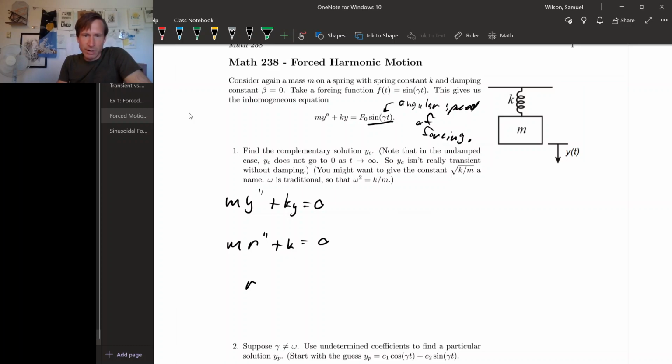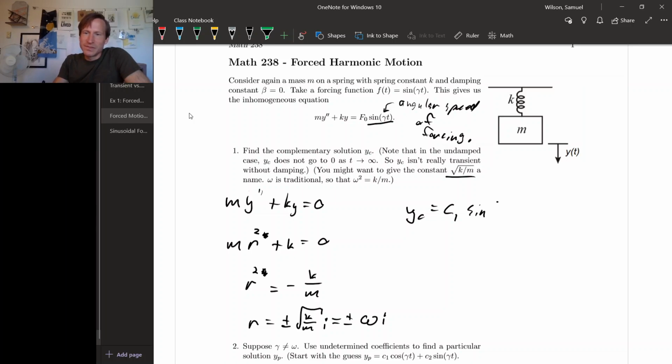So r squared is minus k over m, and r is plus or minus the square root of k over m times i. As I suggest up here, the traditional name for the square root of k over m is omega. So r is omega times i, and that means our complementary solution is some constant times sine omega t plus some constant times cosine omega t.